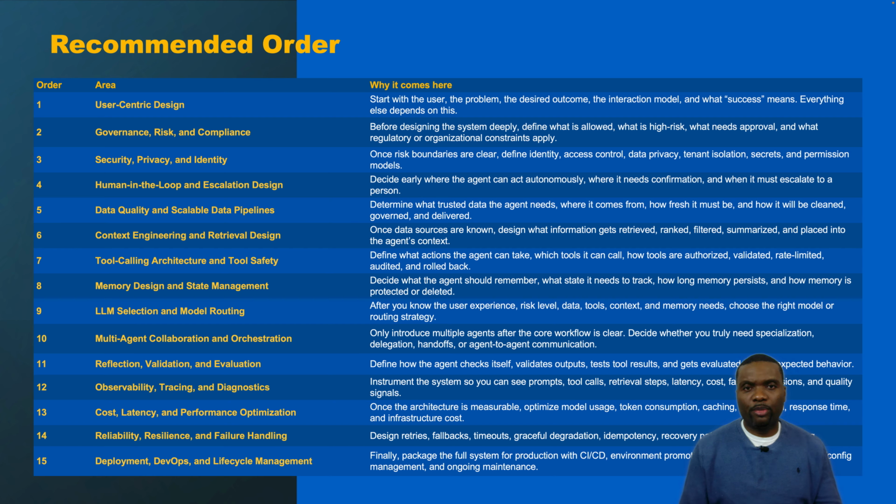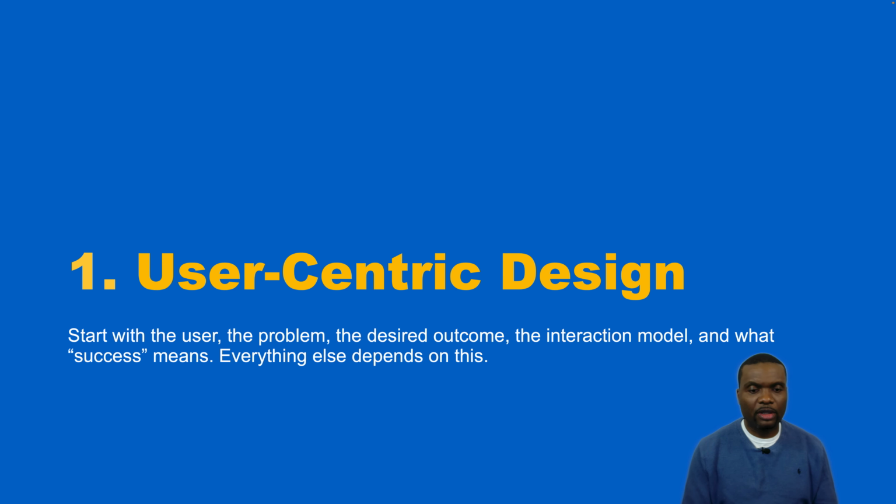So these are all the points we're going to be talking about, and let's start with the user experience. As I was saying in the intro, the user experience is very, very important. This is what you have to think about whenever you're designing any AI agent. So don't start with MCP, don't start with A2A. Really think about what you really want your agent to solve.